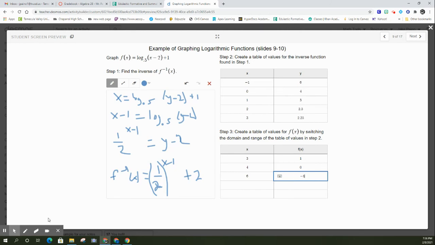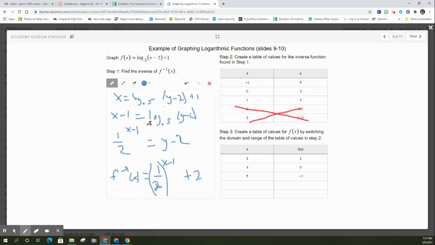Again, I ignore these two. I don't need the decimals. I just flip, but I put them back in order because this was decay, so it was decreasing. So I went smallest to biggest, 3, 4, 6, and those match with 1, 0, negative 1. So I have my new table.